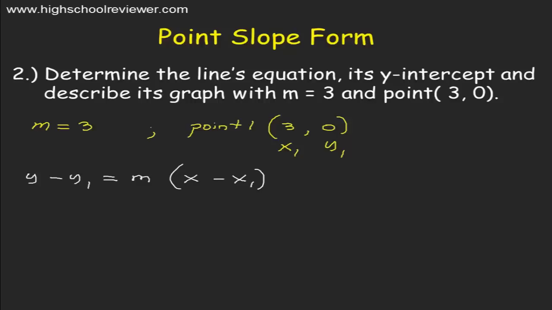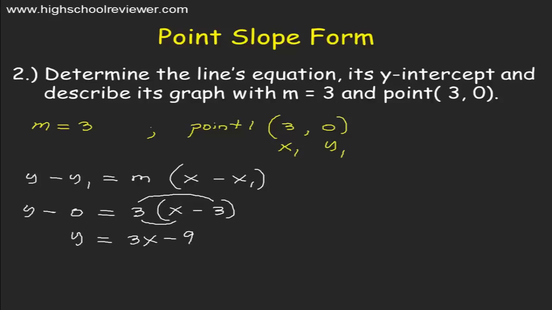And then substituting the values, we have y minus our y sub 1, which is 0, equals our slope, which is +3, multiplied by x minus x sub 1, that is +3. So y minus 0, this will be y equals 3 multiplied by x, that is 3x, and positive 3 multiplied by negative 3, that is negative 9.